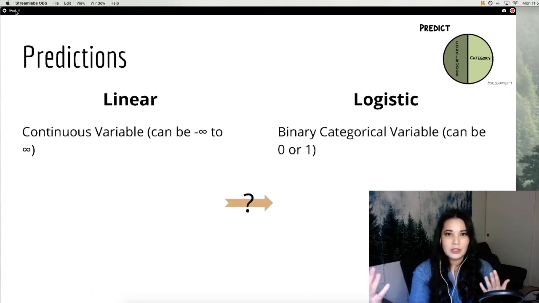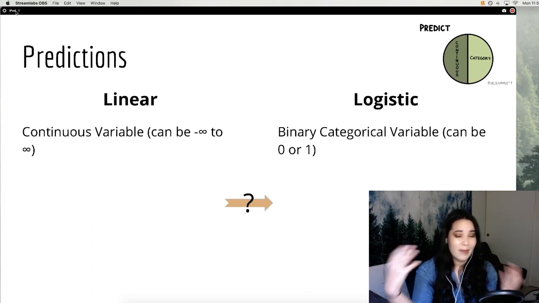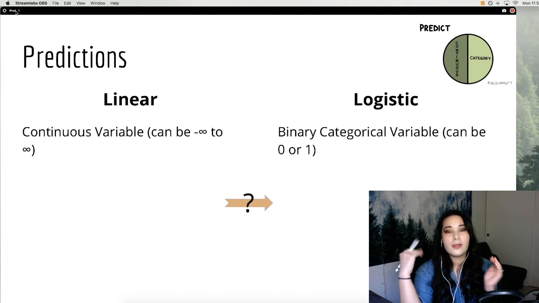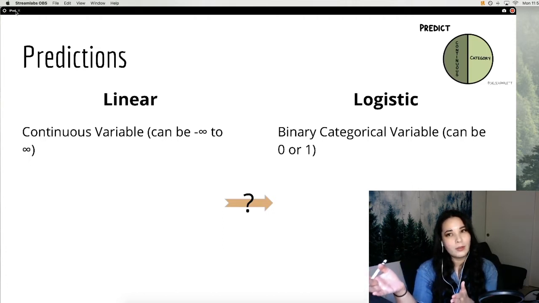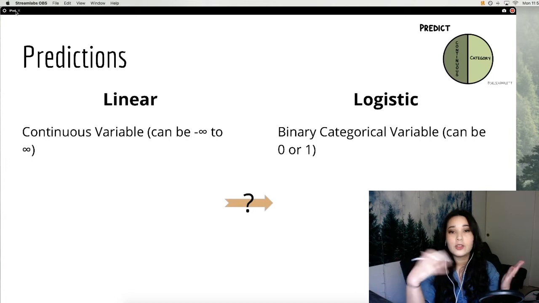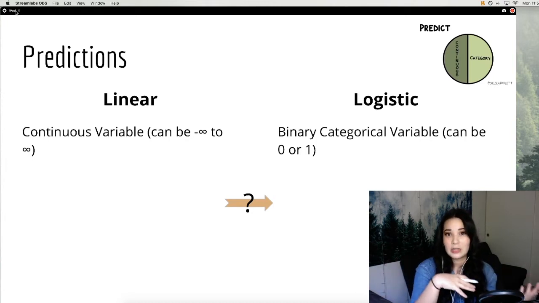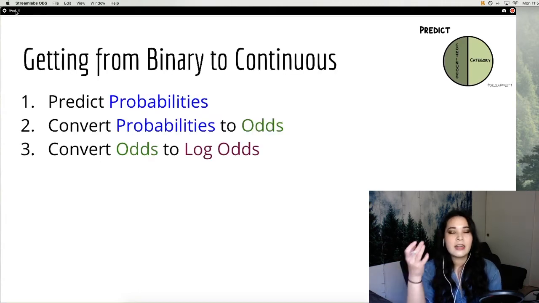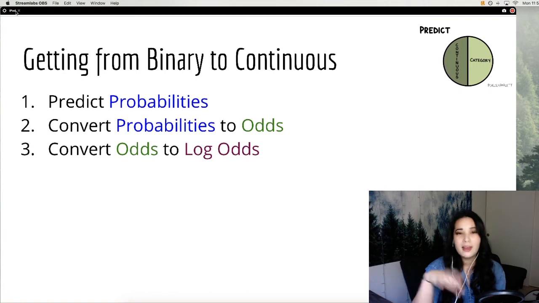And the way that we do that is by doing a bunch of math, of course, on the binary categorical variable to transform it into a continuous variable so that we can just use linear regression to predict that transformed continuous variable.